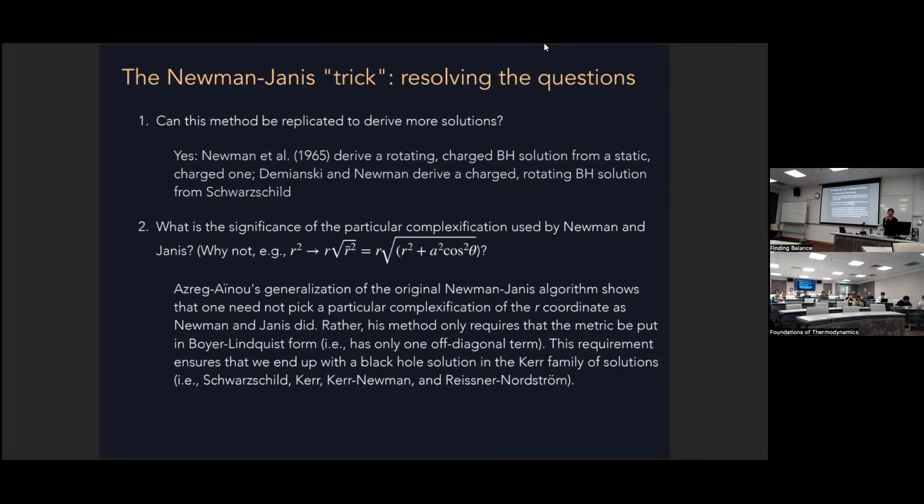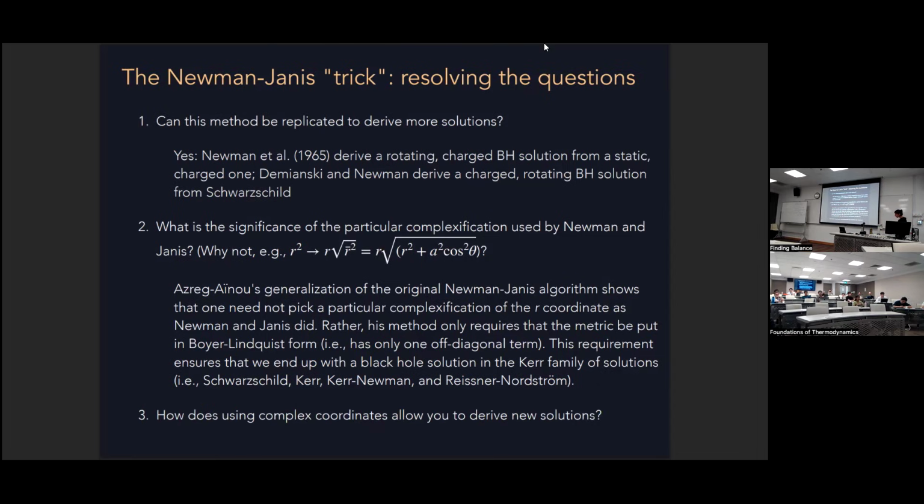Rather, it only requires that the metric be able to be put in Boyer-Lindquist form, which is the idea that there's only one off-diagonal component, and the requirement ensures that you get a black hole solution within the Kerr family. For those unfamiliar with the terminology here, the takeaway is just that the particular complexification didn't seem to matter as much as it originally might have seemed. Rather, it's part of this bigger story that it keeps you within the same family of solutions.